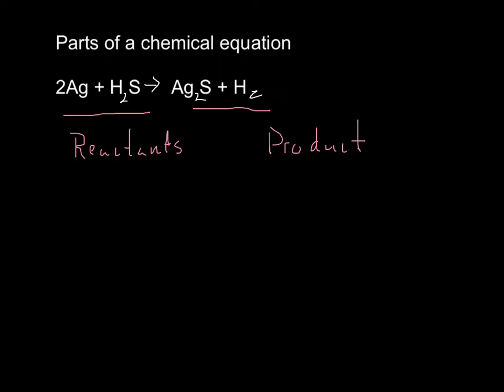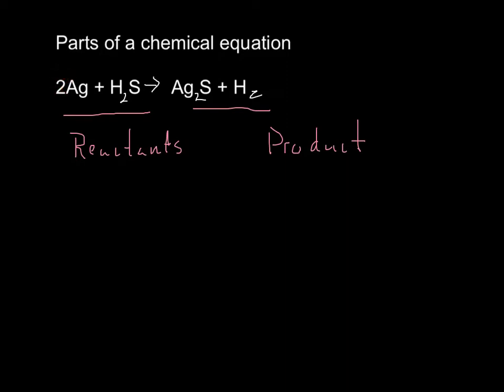In other words, we have two silver atoms and one hydrogen sulfide molecule that are reacting together, and when they react chemically, they are creating a silver sulfide molecule and one molecule of H2 or hydrogen, two hydrogen atoms together.